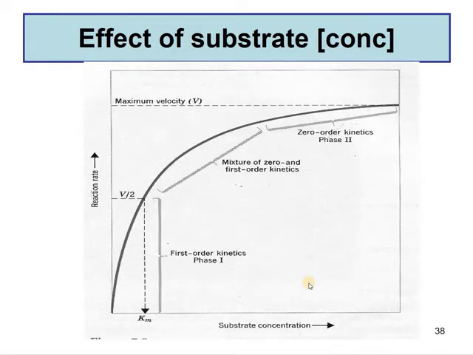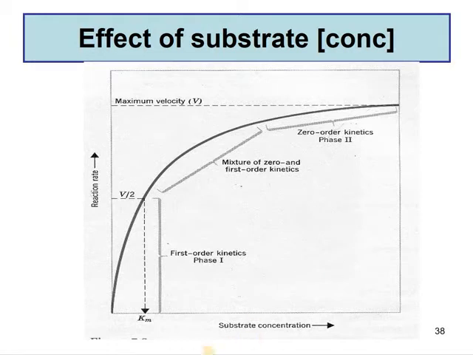And then what happens when we are increasing the substrate concentration but keeping the enzyme constant? So you need to take into consideration that now, instead of having maximum or infinity enzyme concentration, we actually have a constant enzyme concentration, but the substrate concentration is increasing all the time. So what happens then?